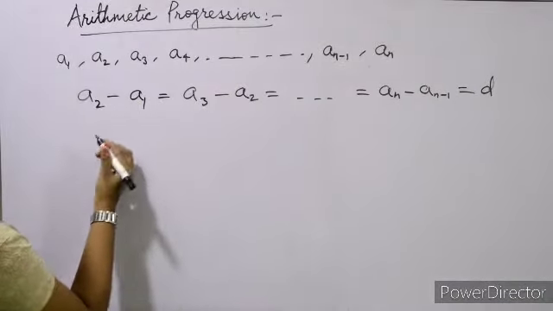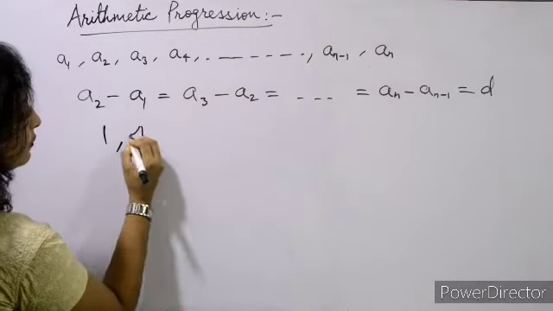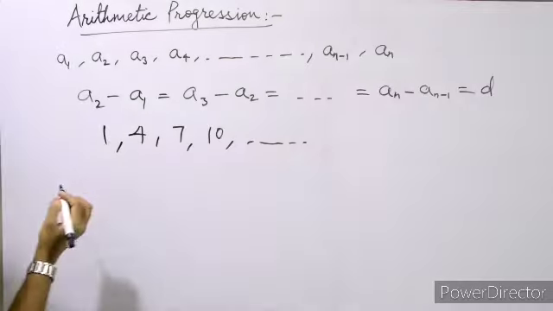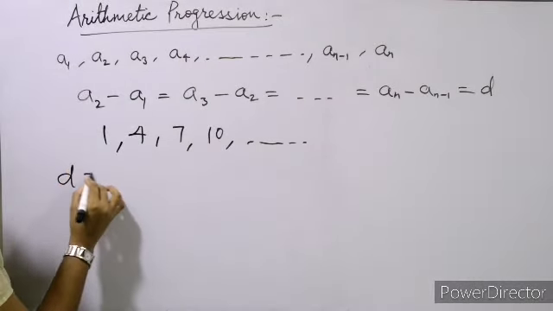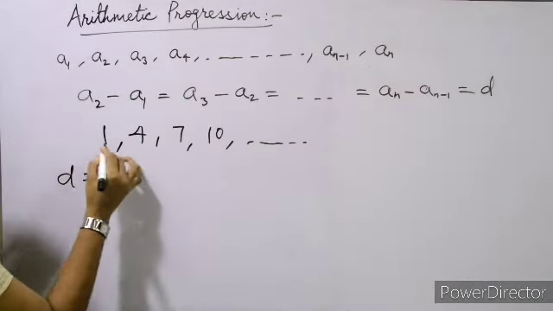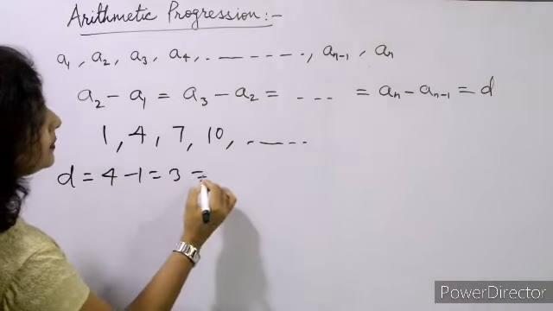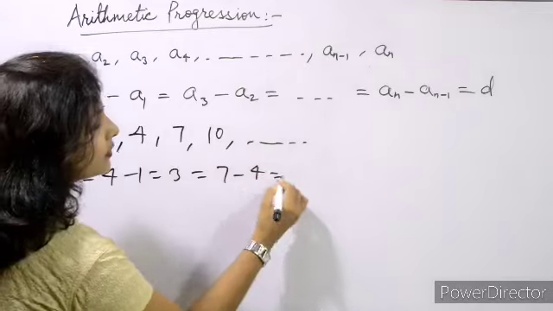For example, take the series 1, 4, 7, 10 and so on. In this case, D is A2 minus A1, that is 4 minus 1, that is 3. Similarly, 7 minus 4 is 3.